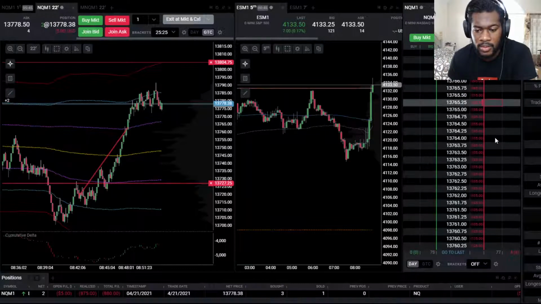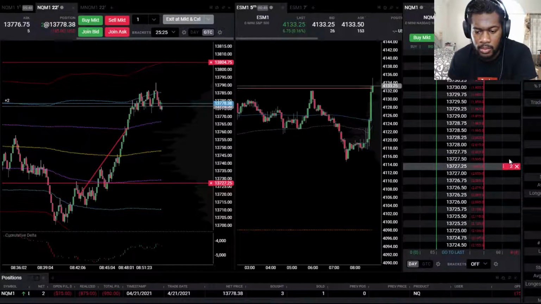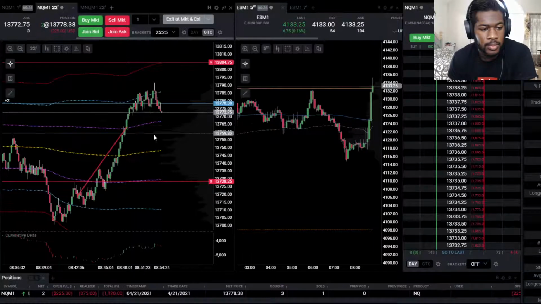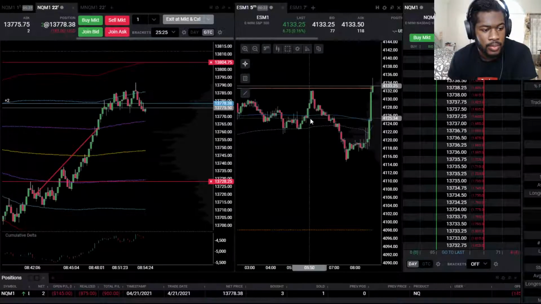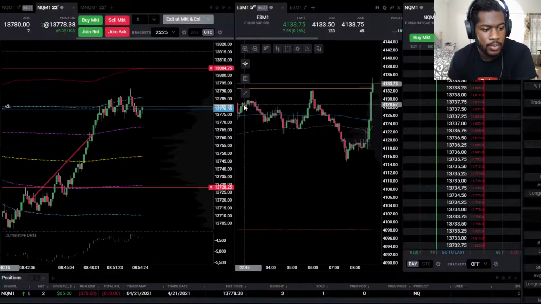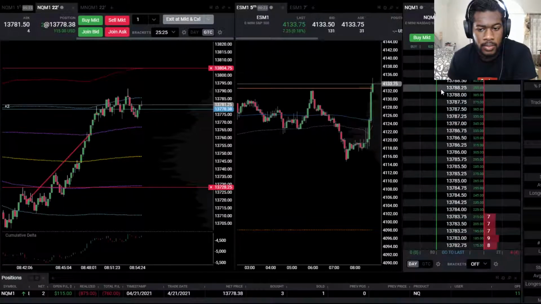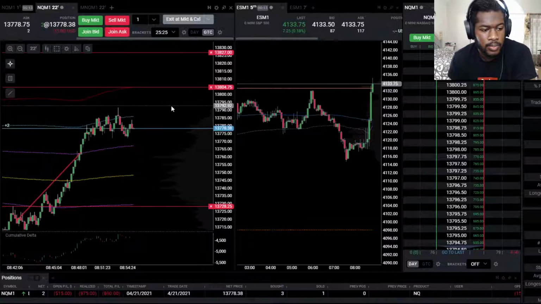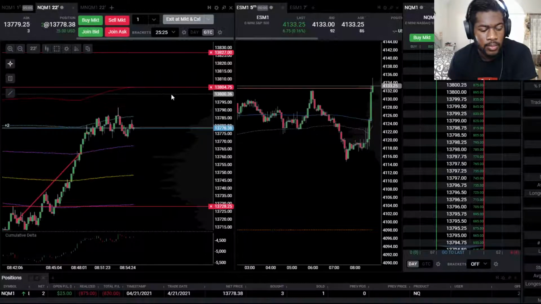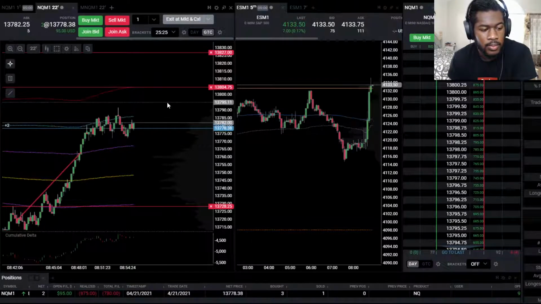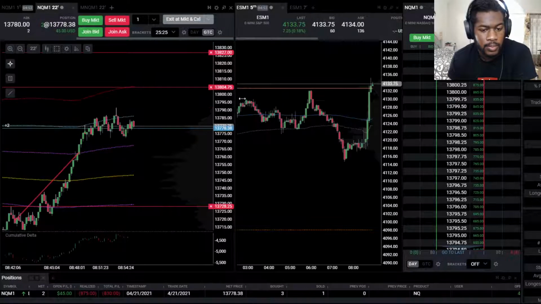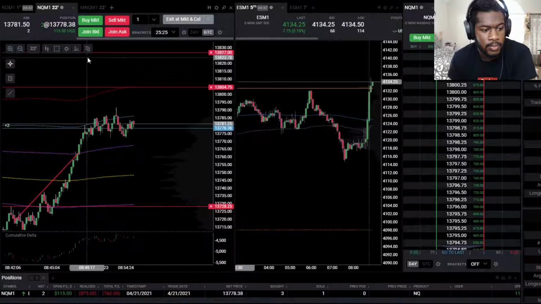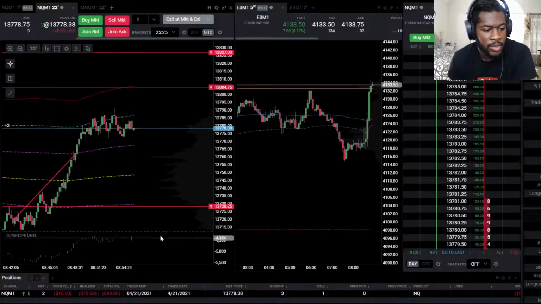Let's merge these. That's a weird bar. This green bar should be red.